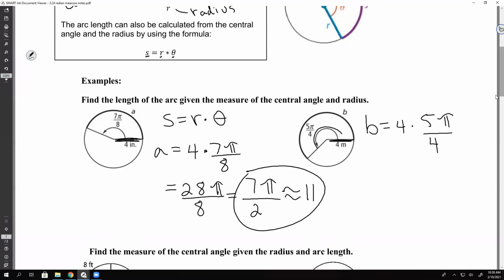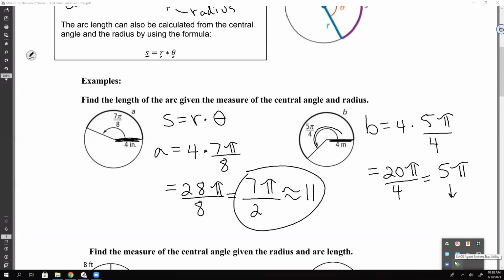Just multiply: 4 times 5 is 20 pi over 4, and 20 divided by 4 gives you 5 pi. You could also notice the 4 on the top and the 4 on the bottom cancel out before you even multiply, leaving 5 pi. And 5 pi in decimal is 15.7.